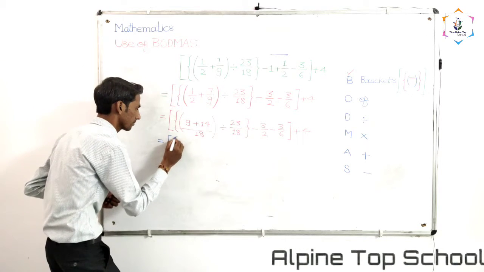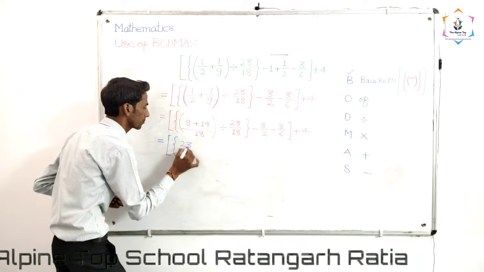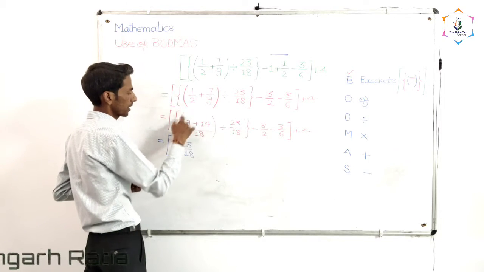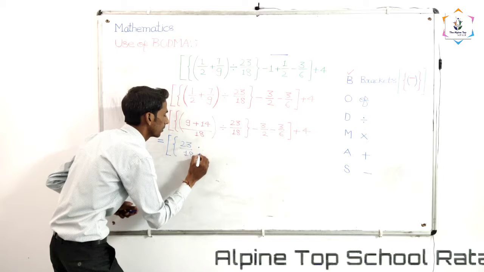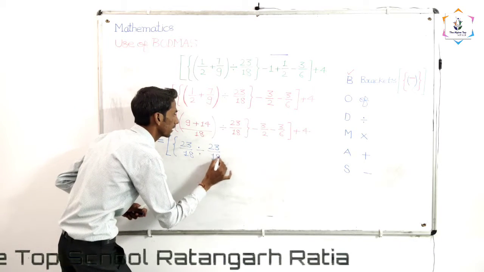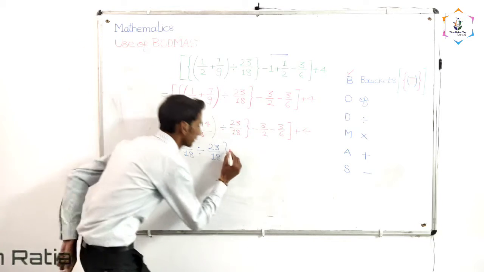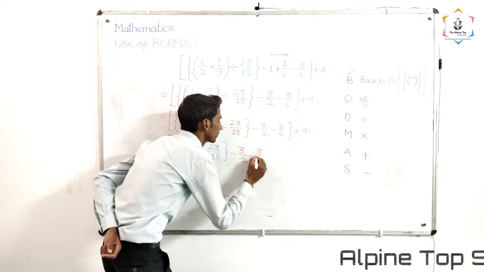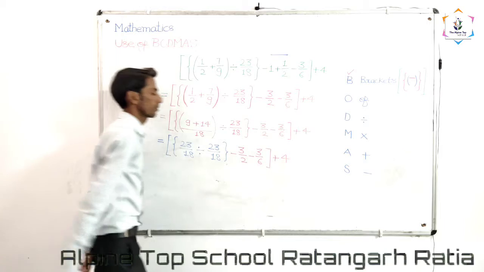Square bracket as it is, curly bracket as it is. 9 plus 14 is 23, and by 18 I am getting here. Now because we have solved it, the small brackets are removed, divided by 23 by 18 curly bracket closed. Now the other numbers I have to note the same, 3 by 6 square bracket closed plus 4.